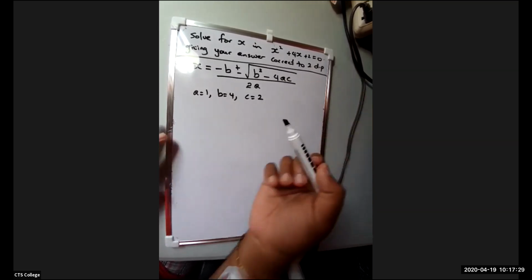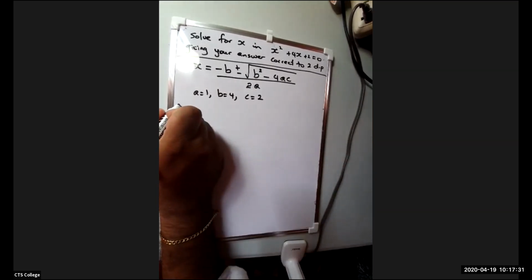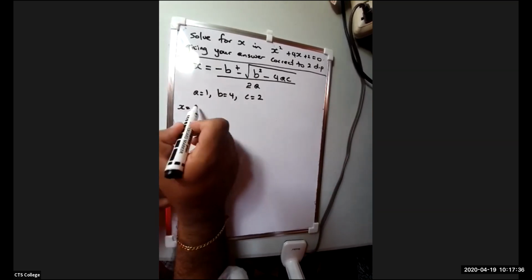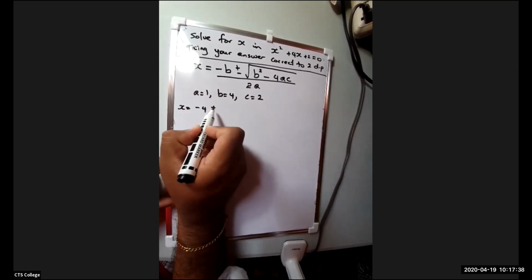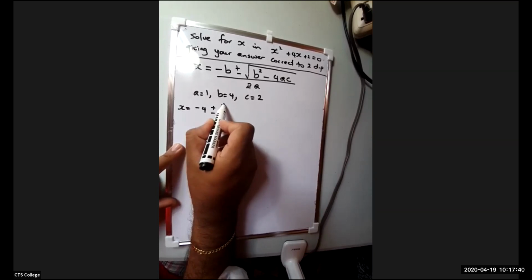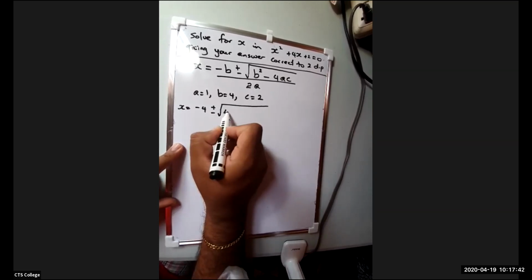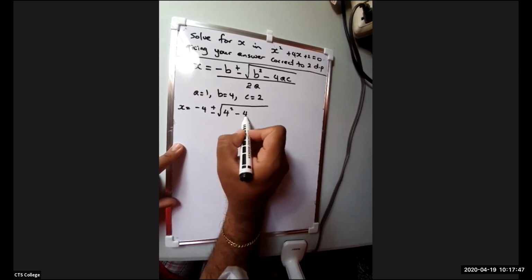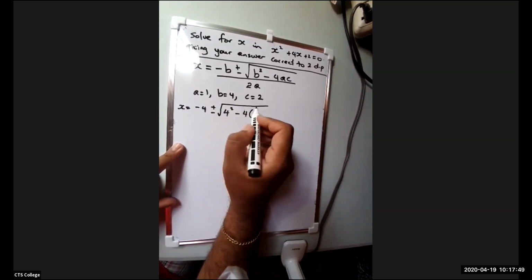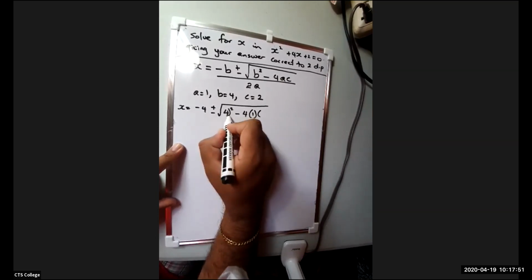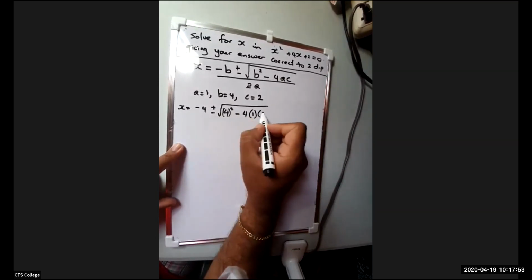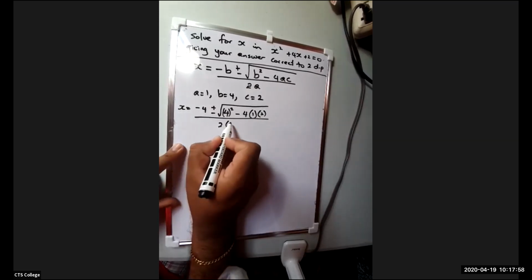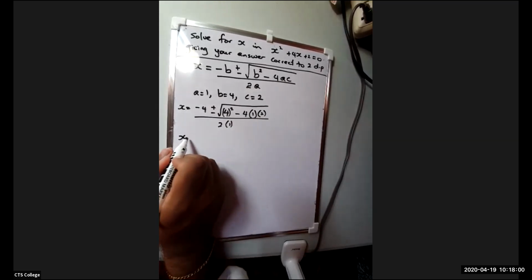Let us substitute then. So x is equal to minus b, which is minus 4, plus or minus the square root of 4 squared minus 4, and the value of a is 1 and c is 2, all over 2, and the value of a is 1. All I did was substitute, right?